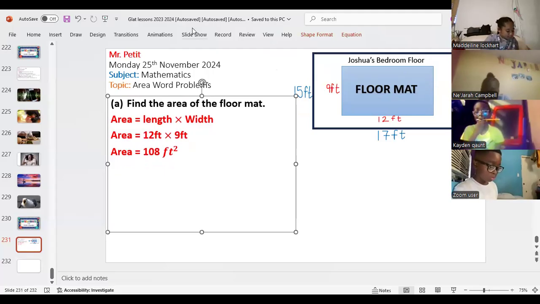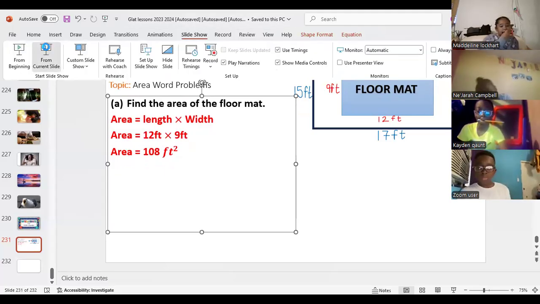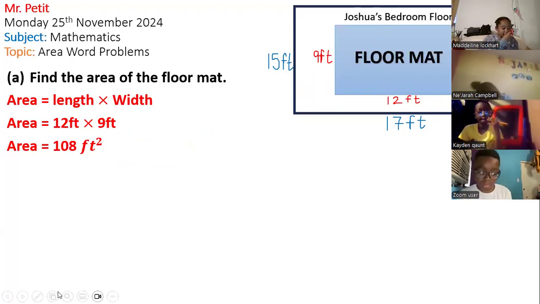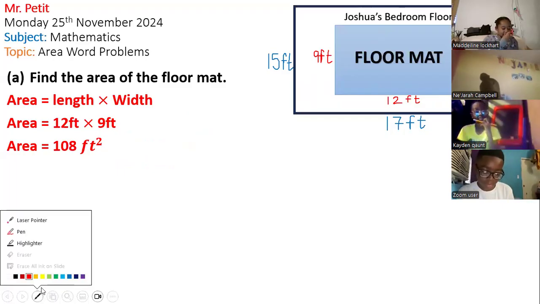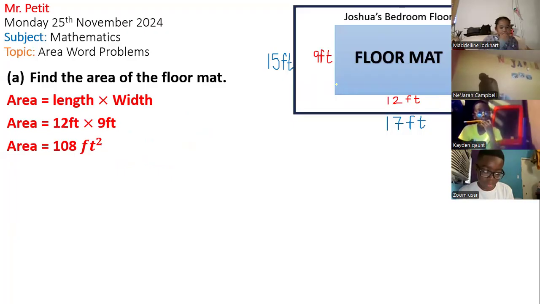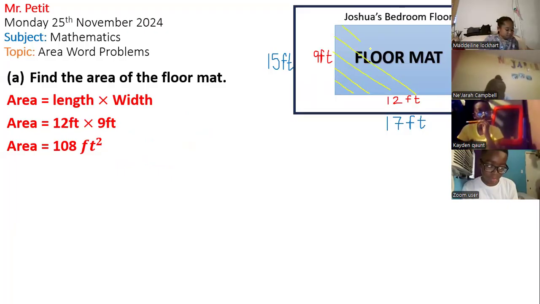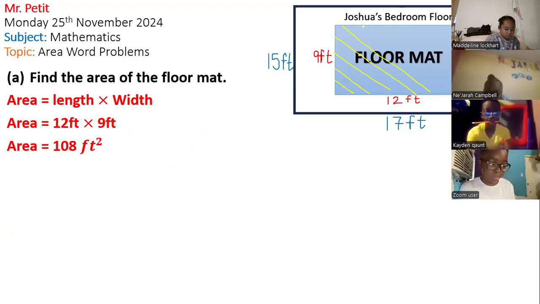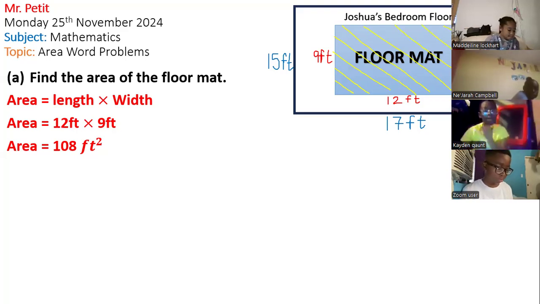What we just figured out is the area of this floor mat. Area means how much space is inside of this two-dimensional shape, like how many square units are inside of this particular shape.